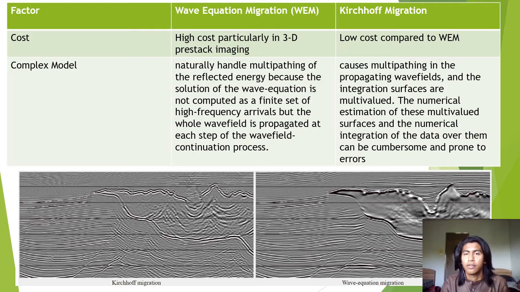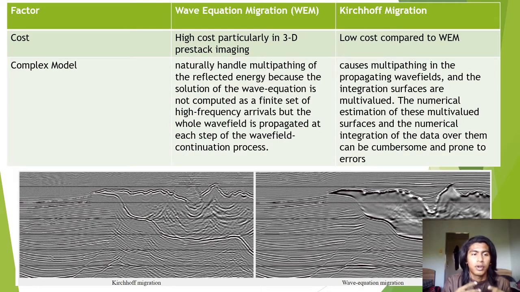For Kirchhoff migration in handling the complex model, it causes multipathing in the propagating wave field, and the integration surfaces are multivalued. The numerical estimation of these multivalued surfaces and the numerical integration of the data over them can be cumbersome and prone to errors. So the image below is the comparison obtained by Papenholz in 2001.